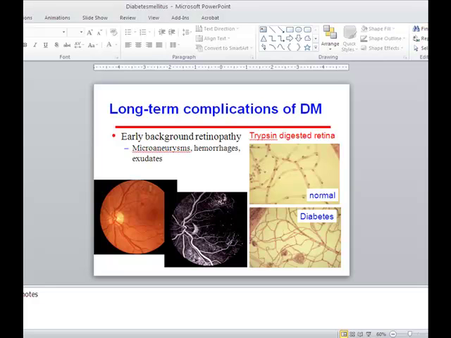And here, this is just showing retinas that were extracted from the eyes of diabetic patients and a normal person. These are trypsin digested retinas, and this is how the normal retinal blood vessels ought to appear. And these are the trypsin digested retinas from an individual with diabetes. You can see all these microaneurysms, these outpouchings of the blood vessels.